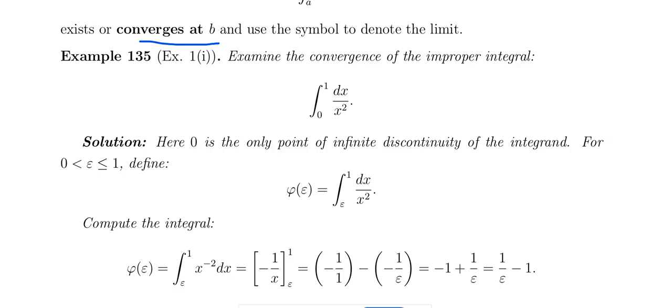I think most of the TRB exams have asked this question, because it is a very simple question, the very first question. The convergence of the improper integral 0 to 1 dx by x square. At 0 the function is unbounded. 0 is the only point of infinite discontinuity of the integrand. 1 by x square tends to infinity at the point 0.